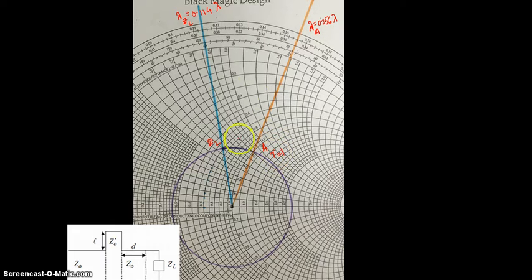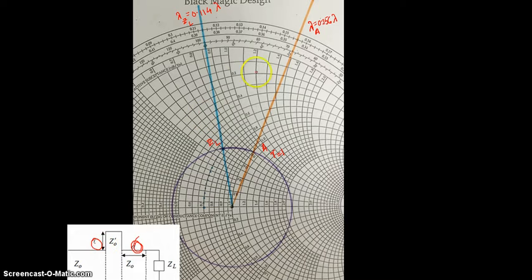Now if you see the diagram of stub matching here, this is the stub and you have two values to calculate. The first one is the distance and the second one is the length. The distance is the place where you keep the stub, that means the distance from your load at which you keep the stub, and L is the length of the stub.